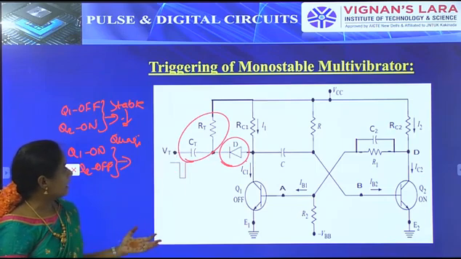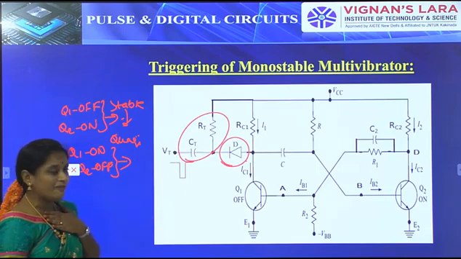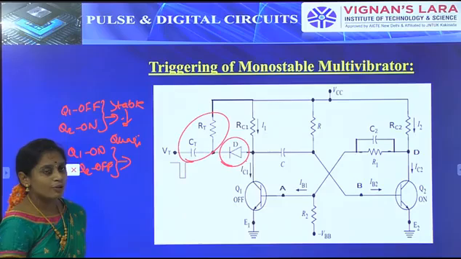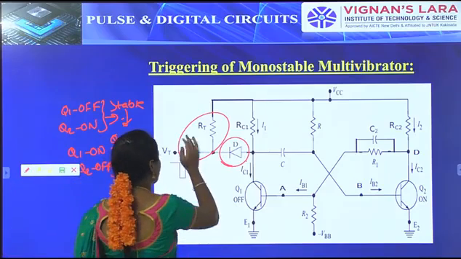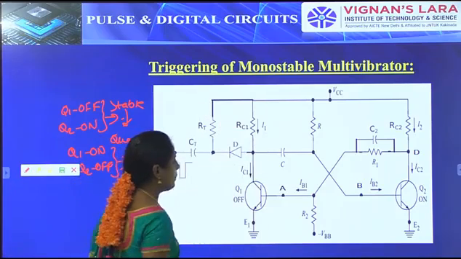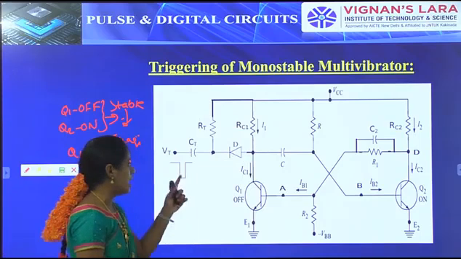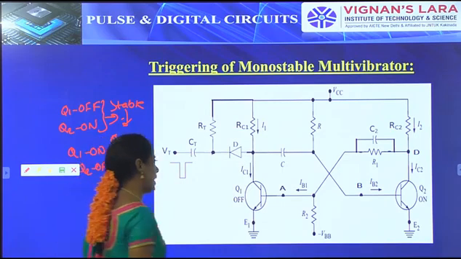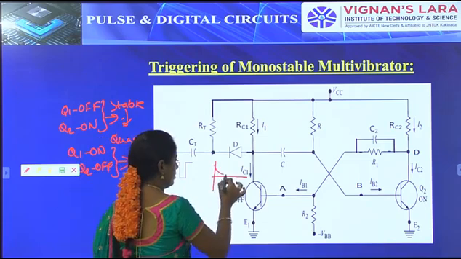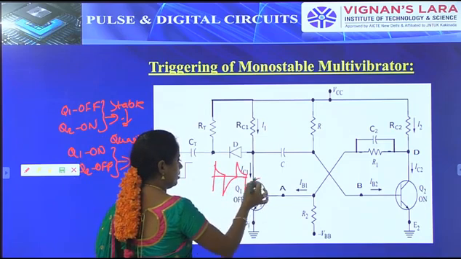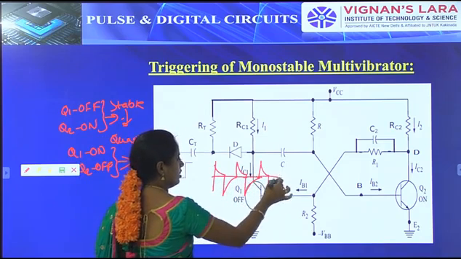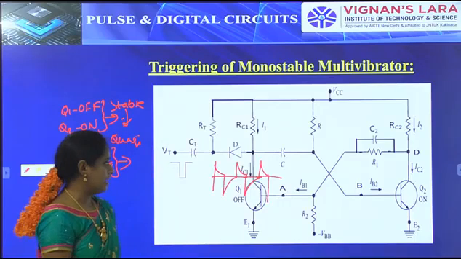My input signal will be a pulse signal, which is given to this high pass circuit. What happens when a pulse signal is given to the high pass circuit? It generates spikes like this.